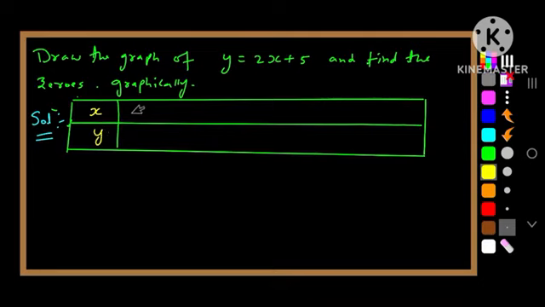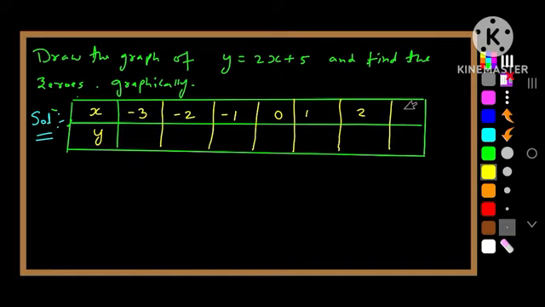So first we'll take x values as -3, -2, -1, 0, 1, 2 and 3.